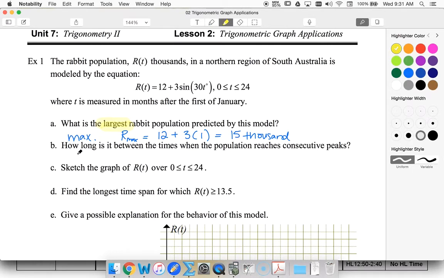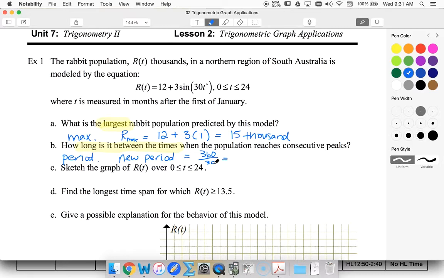How long is it between the times? So now what I'm asking is how long between times when it reaches consecutive peaks. So that's asking how long is it between maxes, consecutive peaks. What I'm really asking for is period. So I know my normal period in degrees is 360, so my new period is going to be 360 divided by my b value, which is 30.